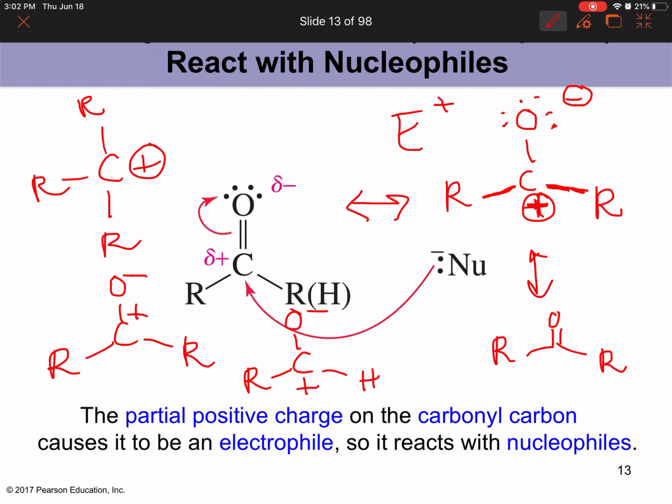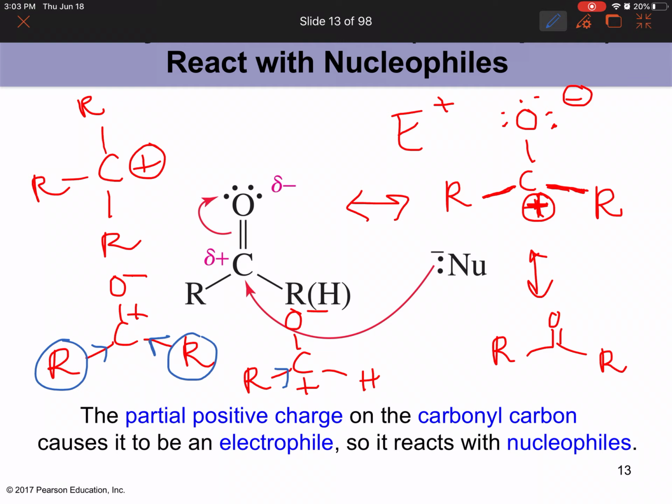In the ketone, there are two alkyl groups that can donate electrons through hyperconjugation and decrease the positive charge on carbon, whereas the aldehyde has only one alkyl group. So the aldehyde can keep that positive charge more than the ketone. Because of that, aldehydes are more reactive compared to ketones.